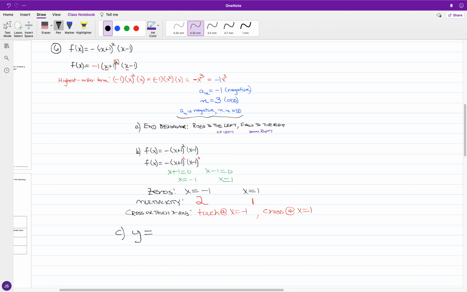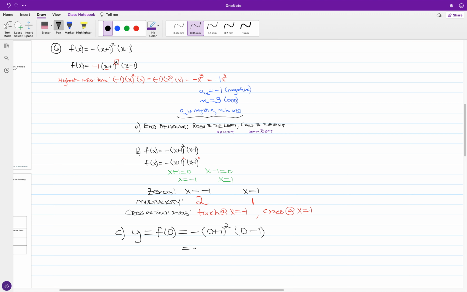So looking at what we have here, you have y is equal to f of 0. And we have the negative of 0 plus 1 squared times the quantity of 0 minus 1.